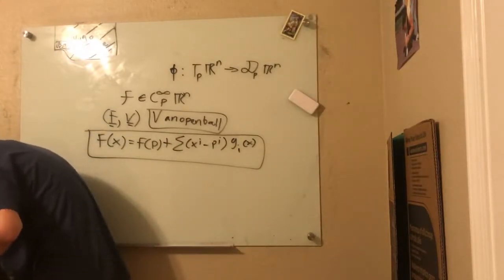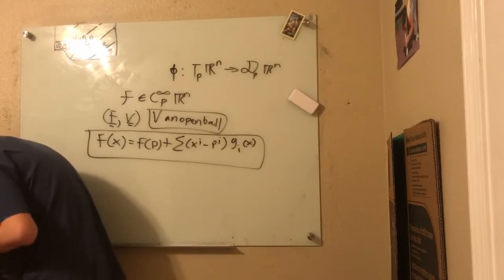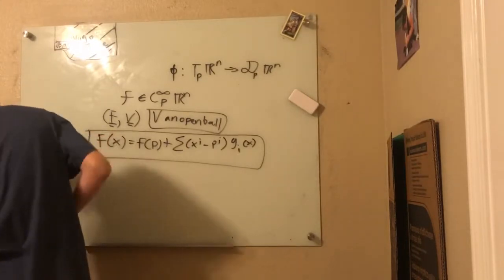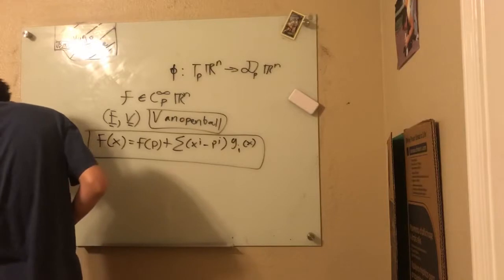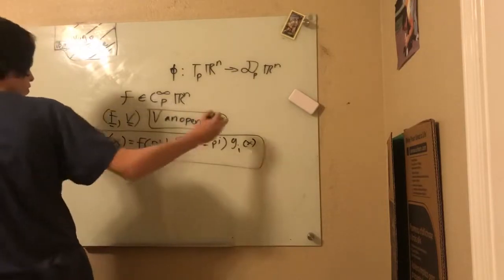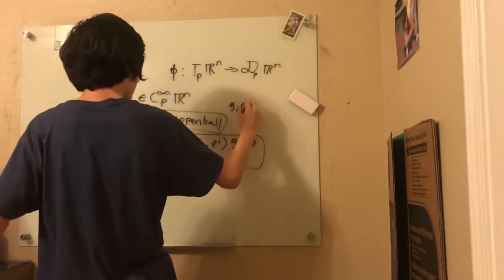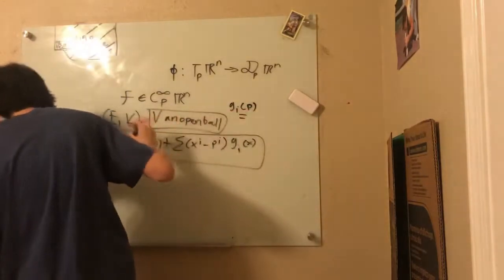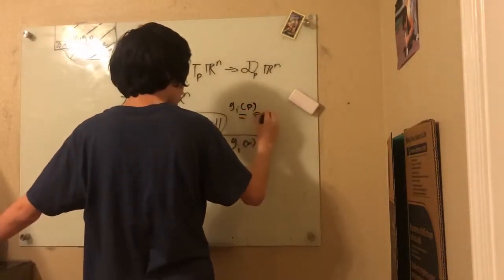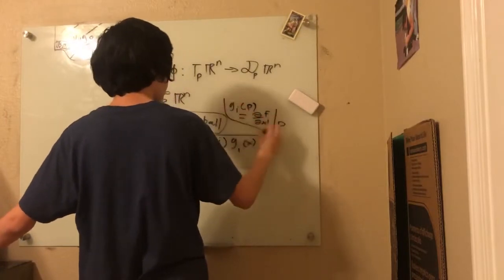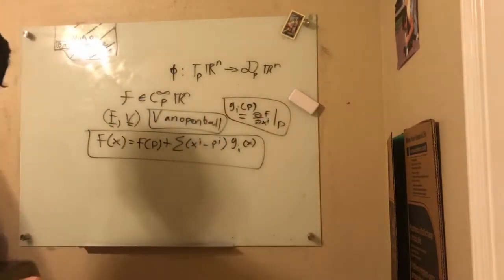Okay. So these are functions, right? g_i of p is going to be equal to... This is what the theorem states, since this is an open ball.